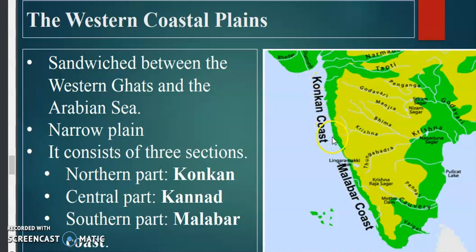From Goa to Mumbai it's called Konkan, the middle part is called Kannad, and the rest of the coastal area is called the Malabar coast. So we have three sections of the western coastal plain.